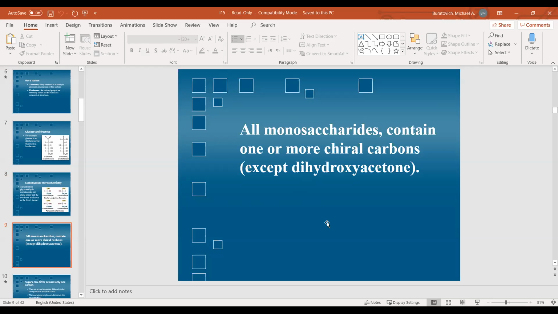Can that be chiral? In the end, it's symmetrical. There's no asymmetry. You have to have asymmetry for chirality, right? So that's the only one that's not chiral. All your other sugars are chiral.